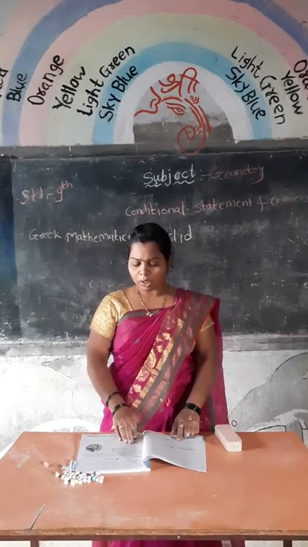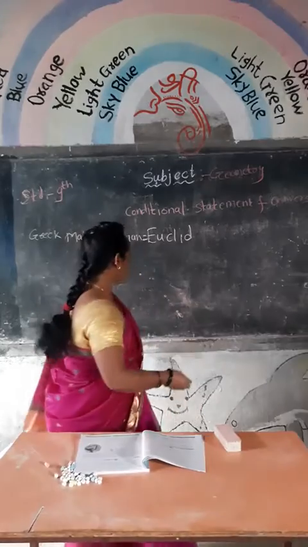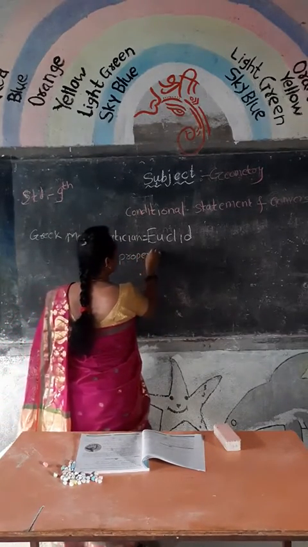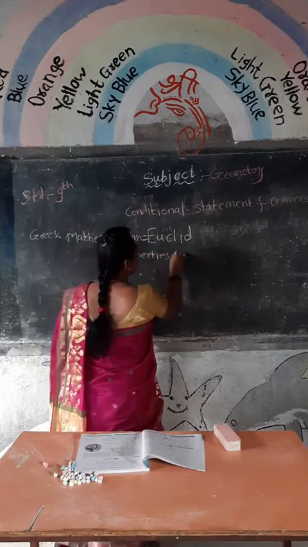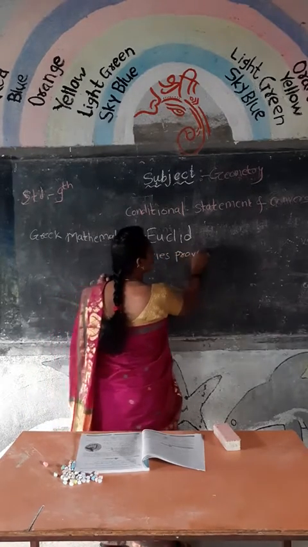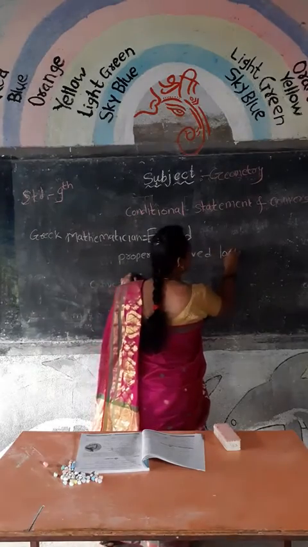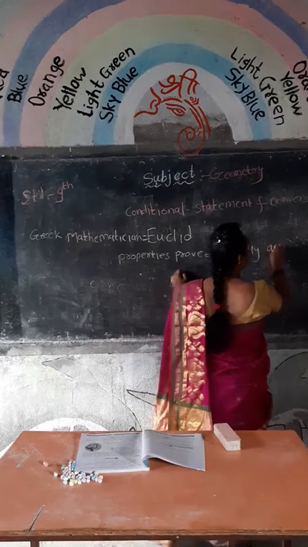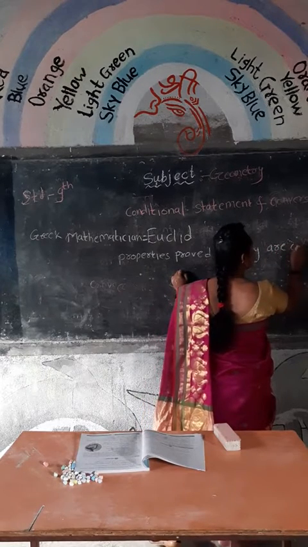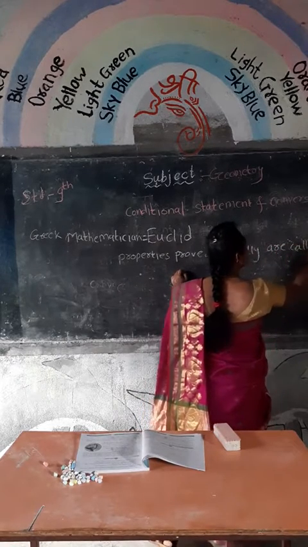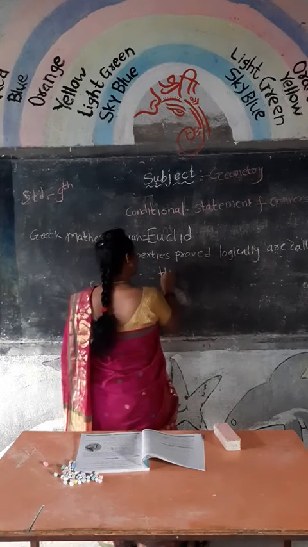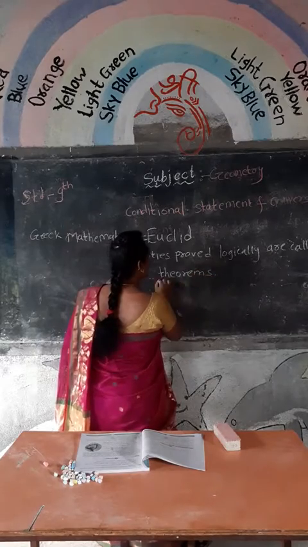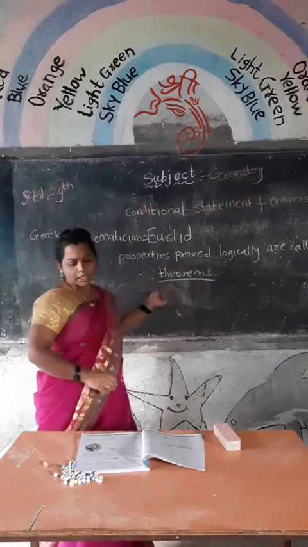Properties proved logically are called theorems.